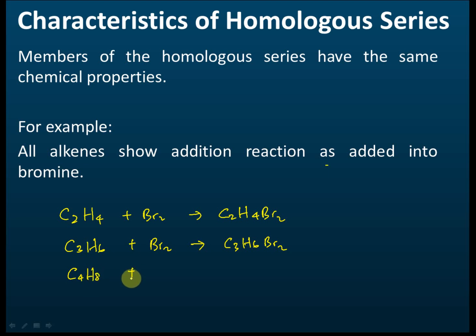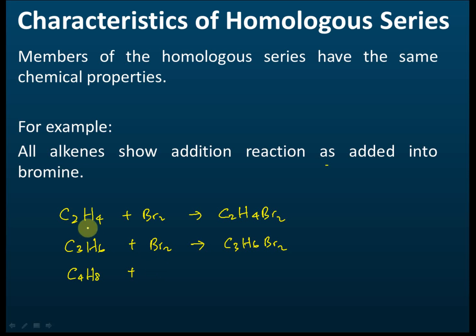The next alkene, C4H8. Do you think this is butene? Do you think butene can react with bromine? Yes. Why? Because they are in the same homologous series, and all the members in the same homologous series have similar chemical properties.